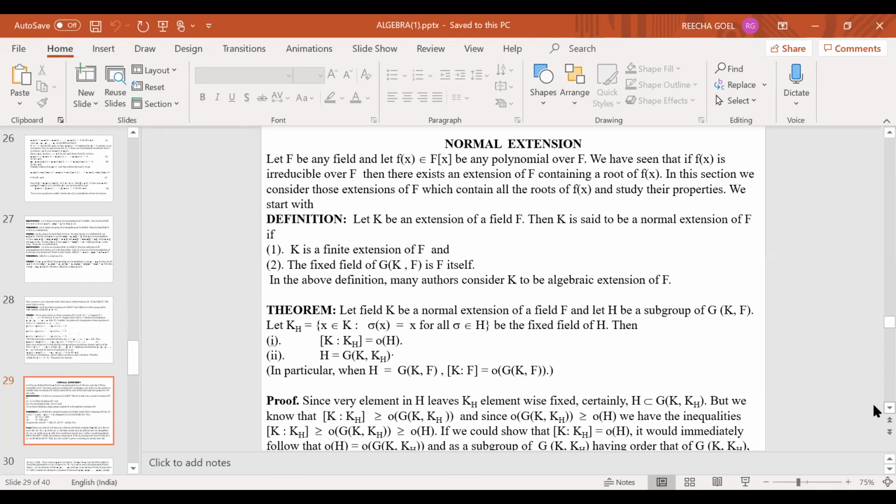That is, let K be a normal extension of a field F, and let H be a subgroup of G(K,F). Then with respect to H, I can talk of K_H.